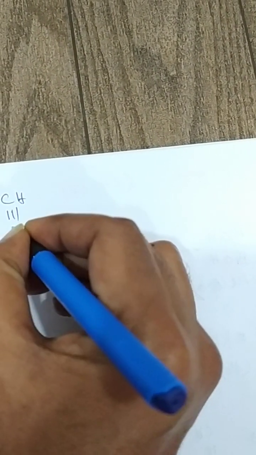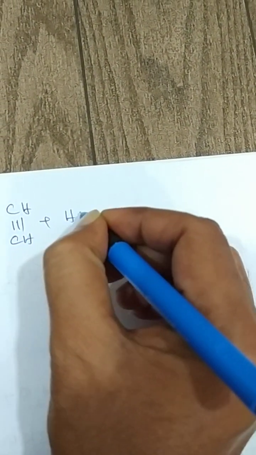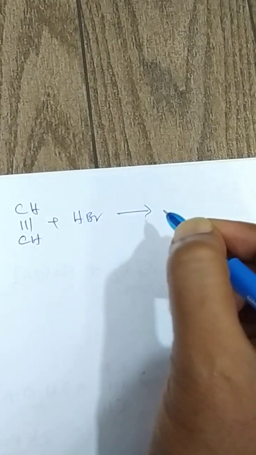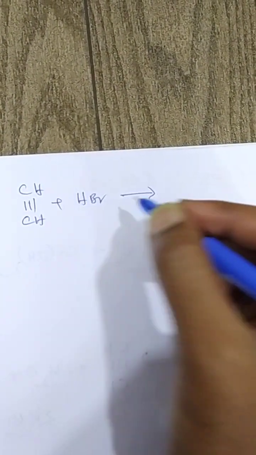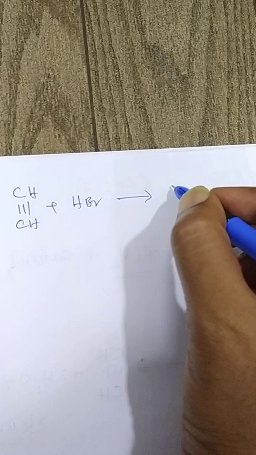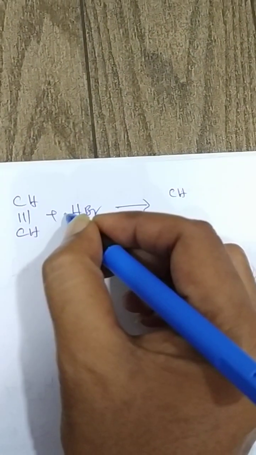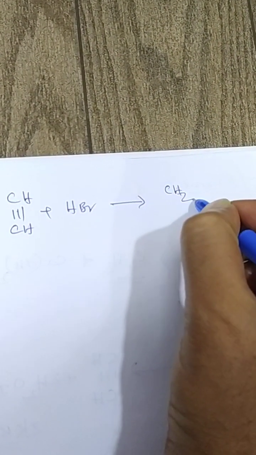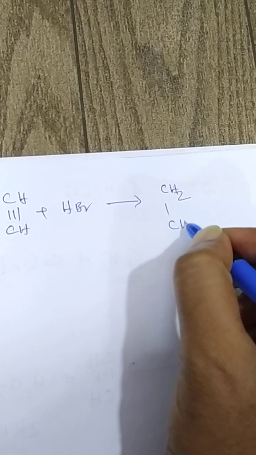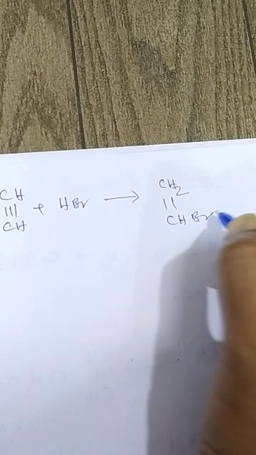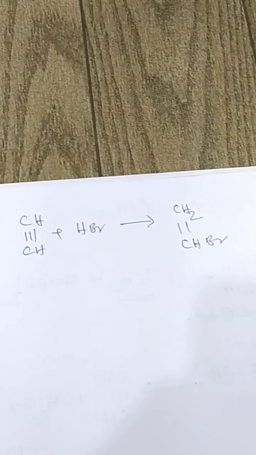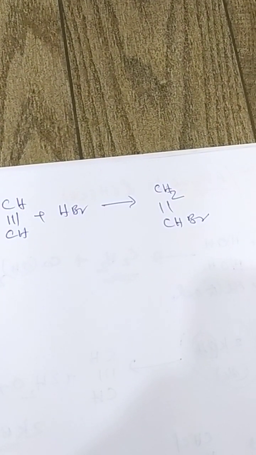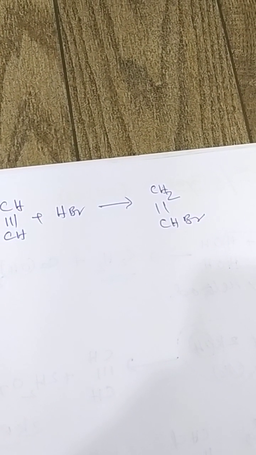The final thing is the reaction with HBr. CH triple bond CH with HBr will again make a chain reaction, definitely, because the bromine compound makes some chain reaction. This gives CH2=CHBr.